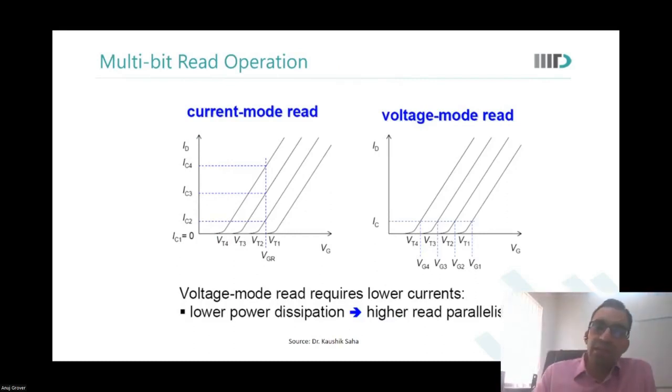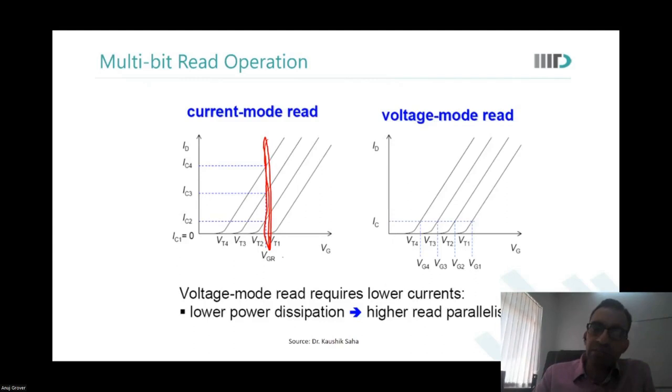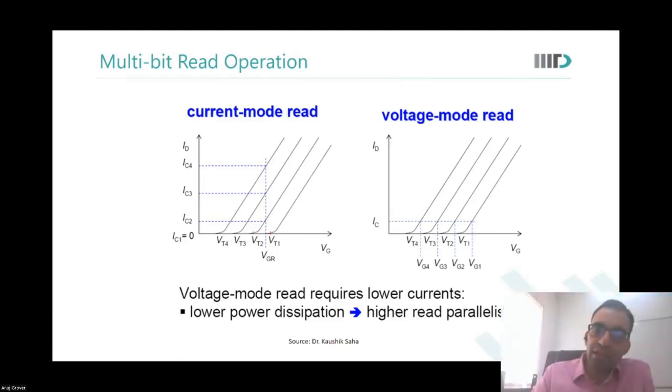One way is that you apply 1 voltage on the gate and then measure the current that different bit lines are discharging. So what does that mean? That means that the current that is consumed by a cell, which is, let us say this is 0,0, 0,1, 1,0, and 1,1.